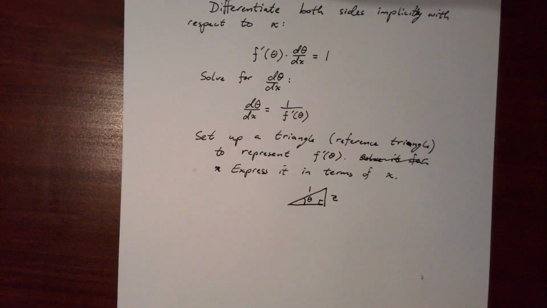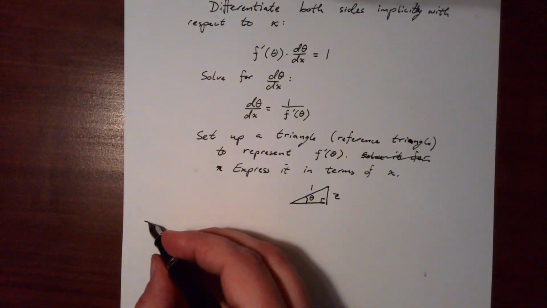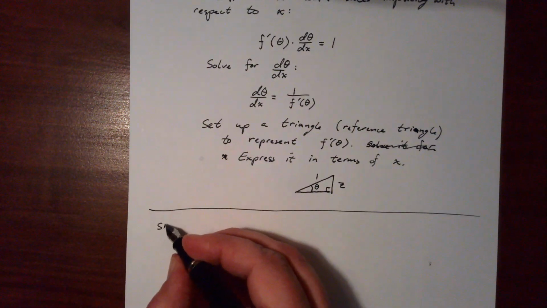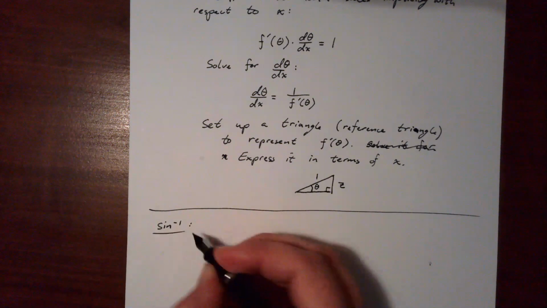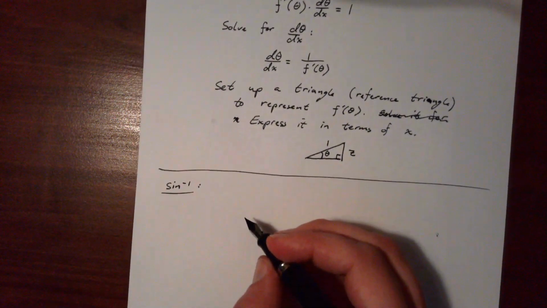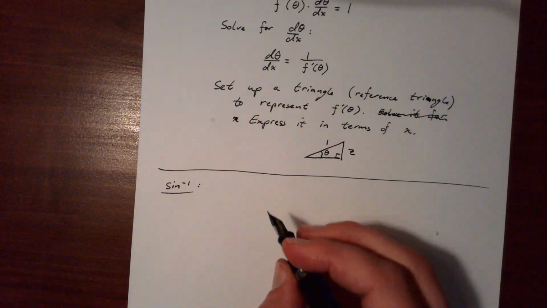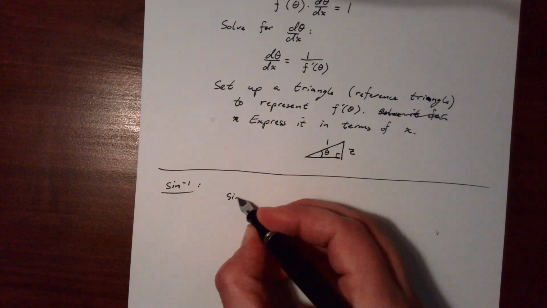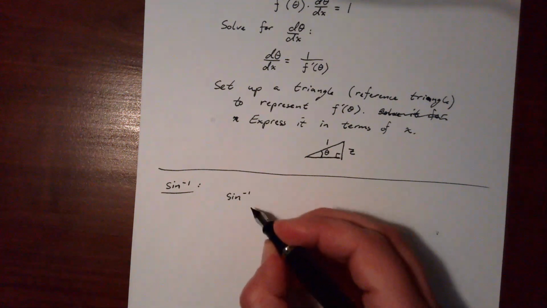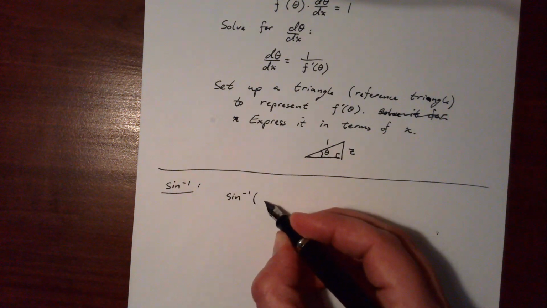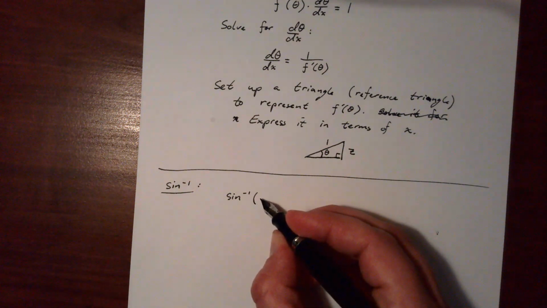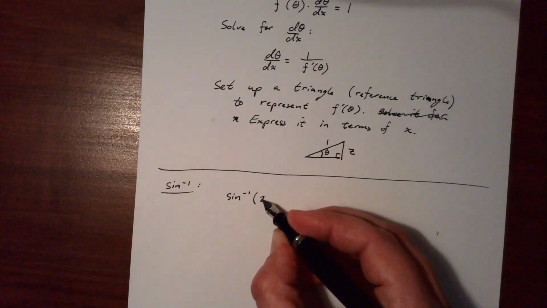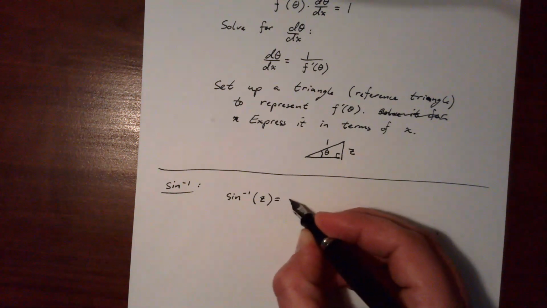All right, so let's try this. So first off, sine inverse. So the goal is we want to find the derivative of sine inverse. So let's just start off by setting this up with sine inverse, and here, just because sines and cosines have definitions based on x's and y's, it's useful if we switch our letters around a little bit, and we'll just call it z equals theta.